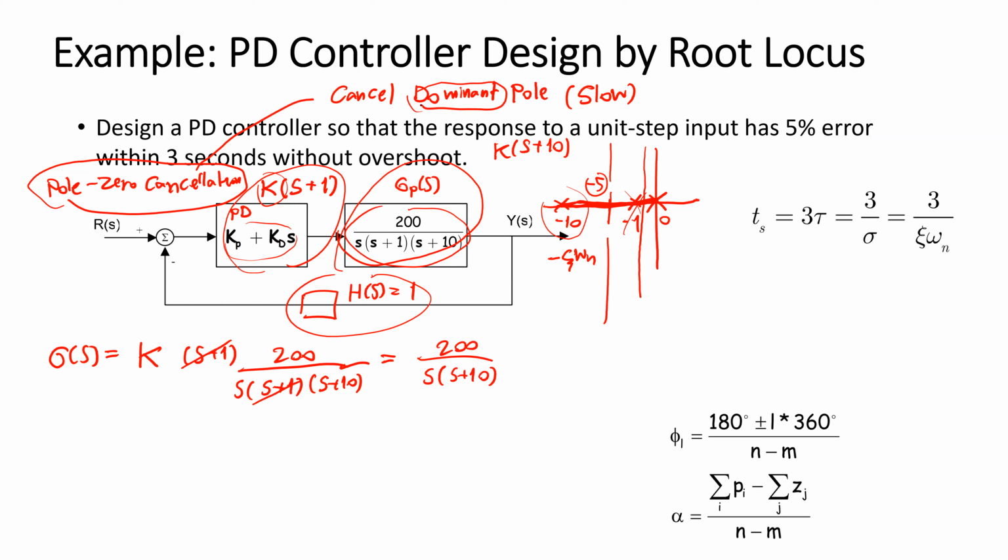Here we have another question. Why don't we cancel the pole at 0 instead?